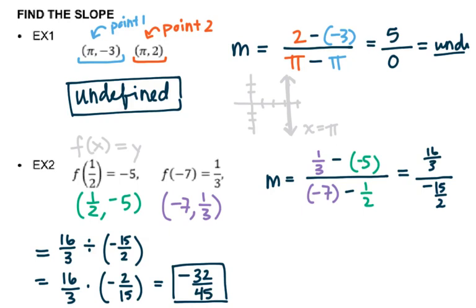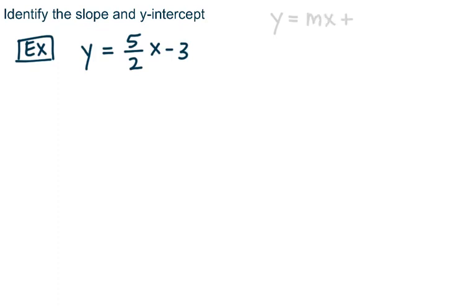I'd like to look at just one more example. And I know I said one example, but we're going to look at just a couple really quick types of examples for identifying slope as well as the y-intercept given a function. Here, we're given y equals 5/2 x minus 3. Remember, the equation of our line is going to be y equals mx plus b. What you want to note is that that m value represents your slope and the b value represents the y-intercept.